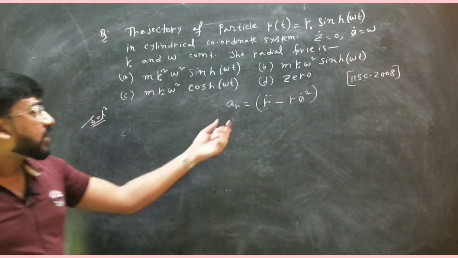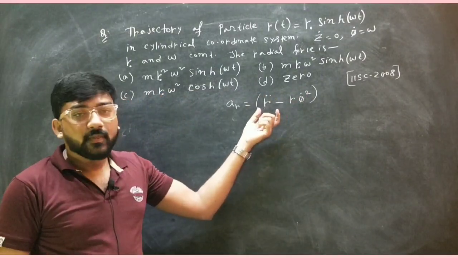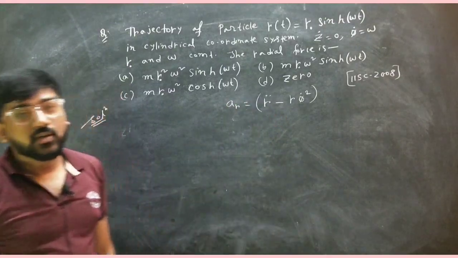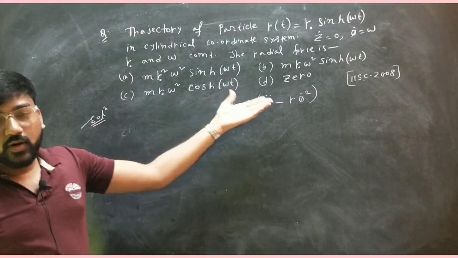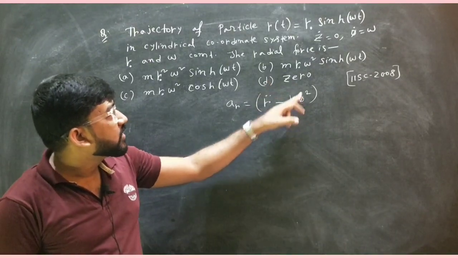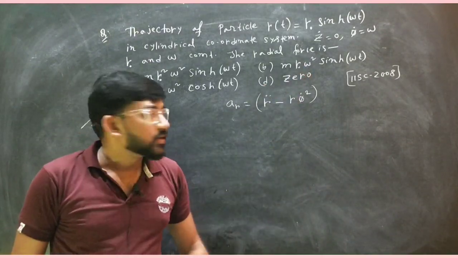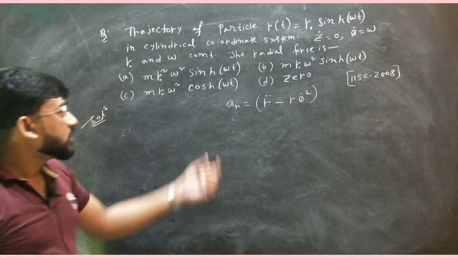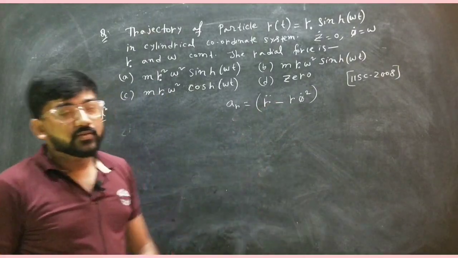This is the magnitude of the radial component of acceleration. It is the same as in the polar coordinate system, but here, in place of theta, we have defined it as phi.